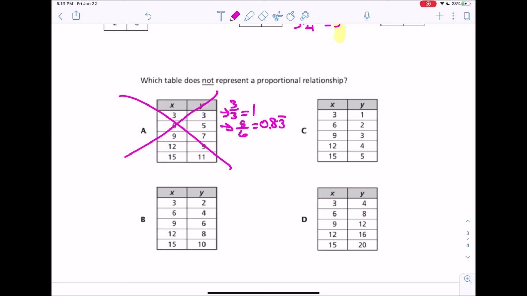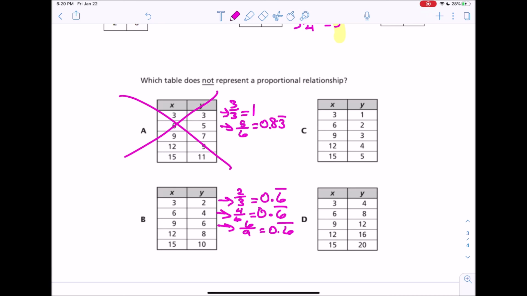Let's check B. We have 2 divided by 3, which equals 0.6, and it goes on forever. 4 divided by 6, same thing. So far, so good. 6 divided by 9, same thing.